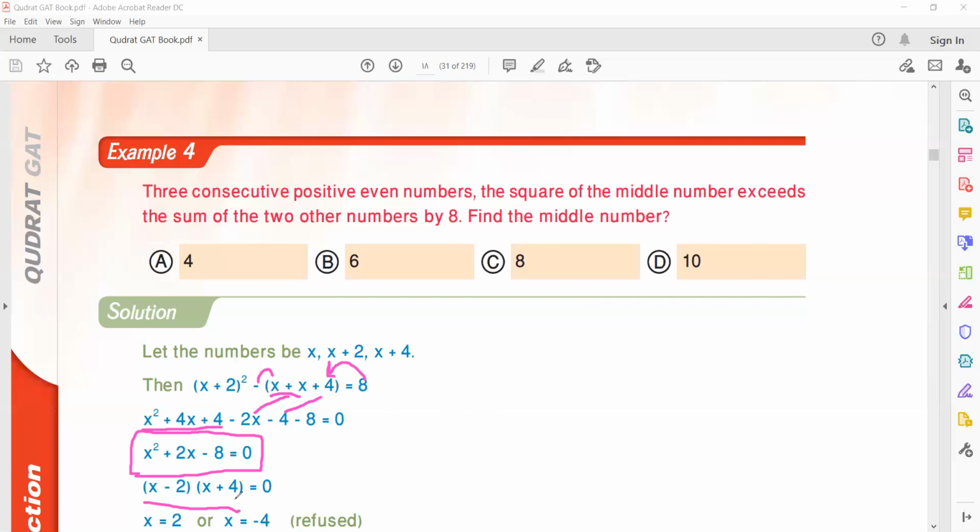So I substitute now in the number. I suppose x is 2, the first number is 2, and 2 plus 2 is 4. So the middle number is 4. It is what? It is A.